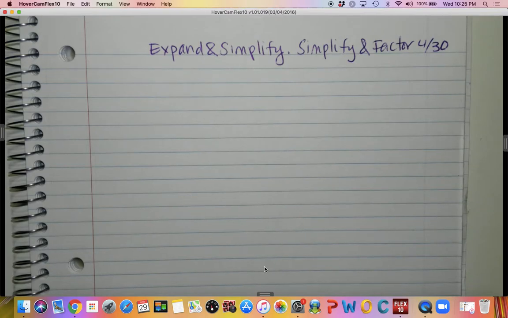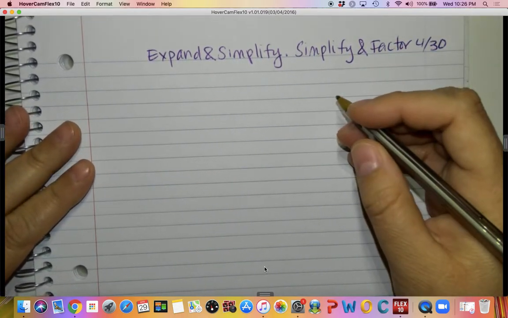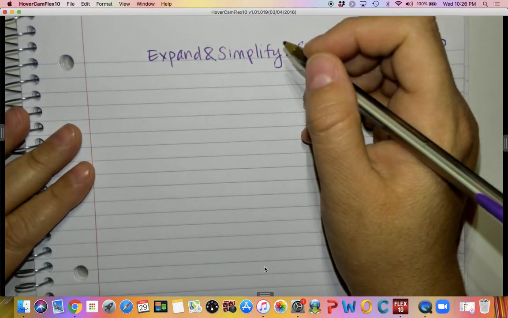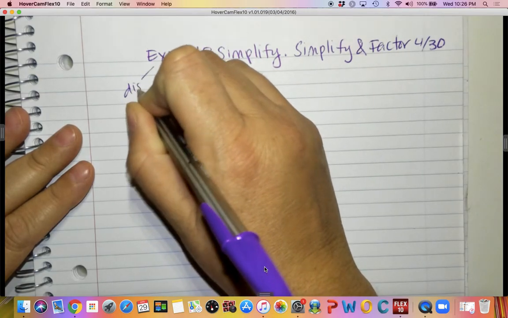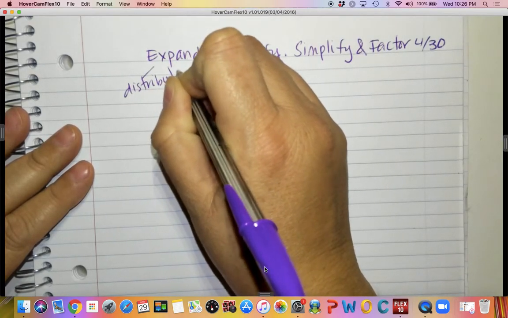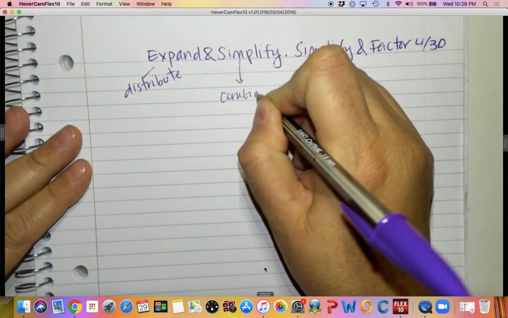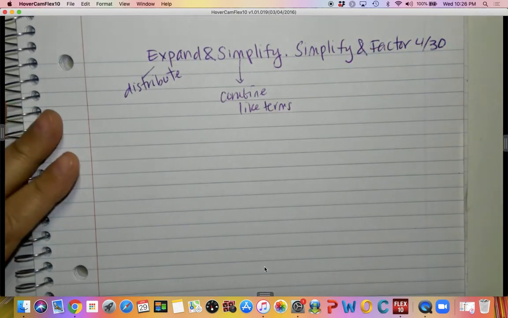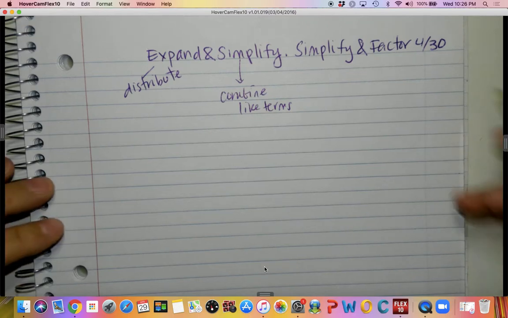As a reminder, expand means to basically distribute. Simplify means combine like terms. If it doesn't have a letter next to it, it can't go together if we're adding or subtracting.